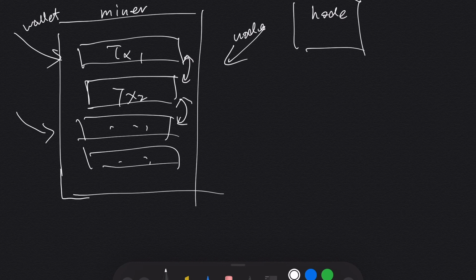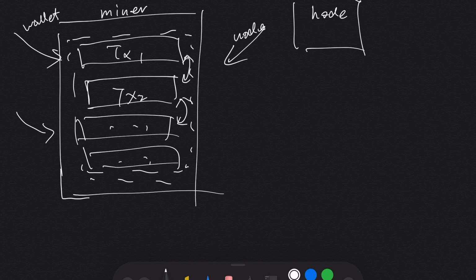Nowadays, a block may contain hundreds to thousands of transactions. For example, this miner chooses these 4 transactions, and what it does is it needs to form a new block.